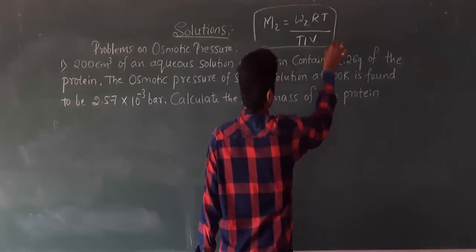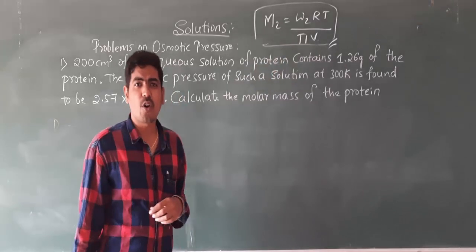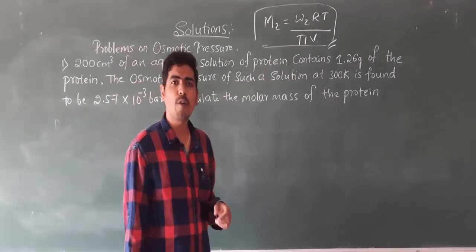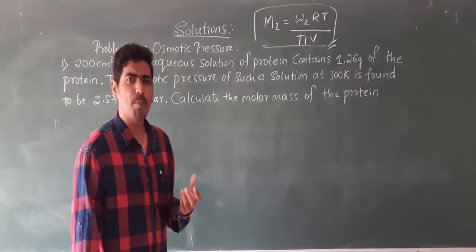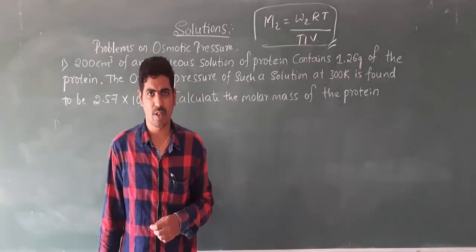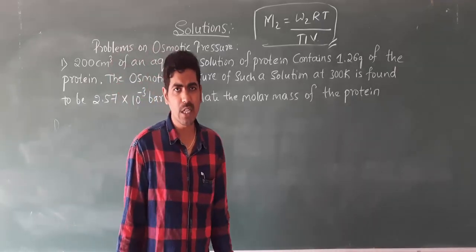This is the formula used to find the molar mass of the solute with the help of osmotic pressure. Now we will solve a problem on osmotic pressure and calculate the molar mass of the solute.